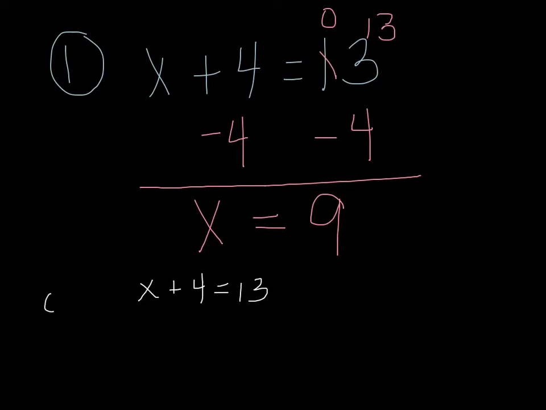This is my check. Now I plug in that 9. 9 plus 4 equals 13. 9 plus 4 does in fact equal 13. 13 does equal 13, so I got it right. That's the way I check my answer.